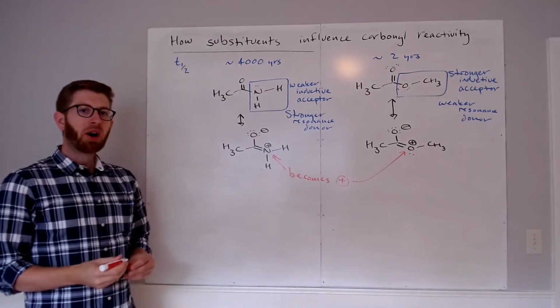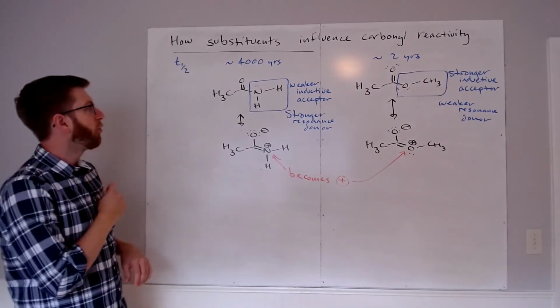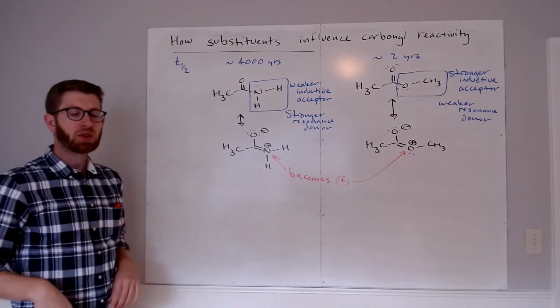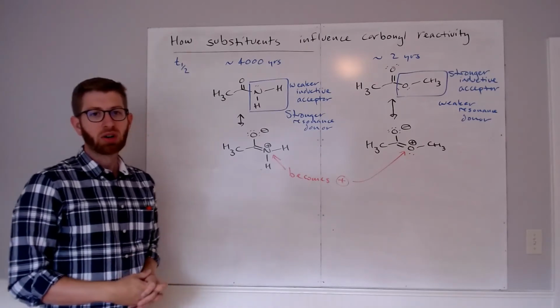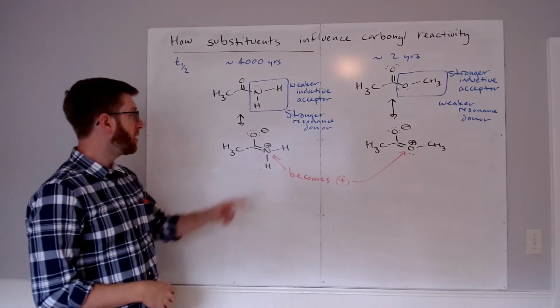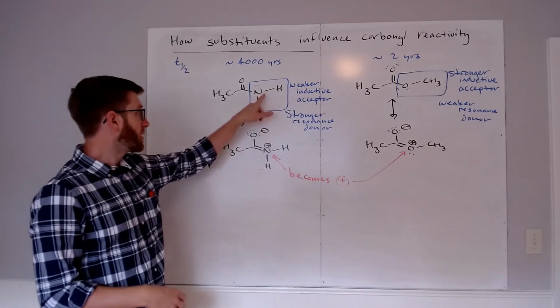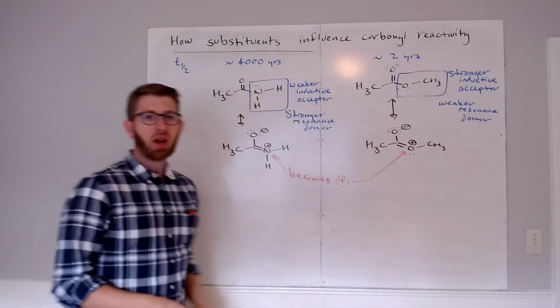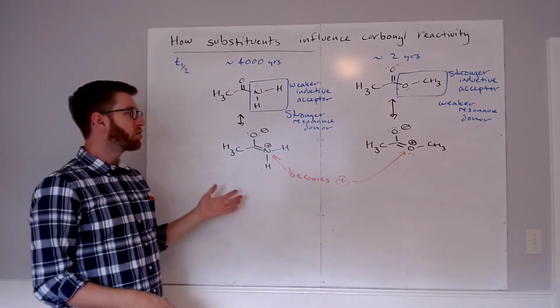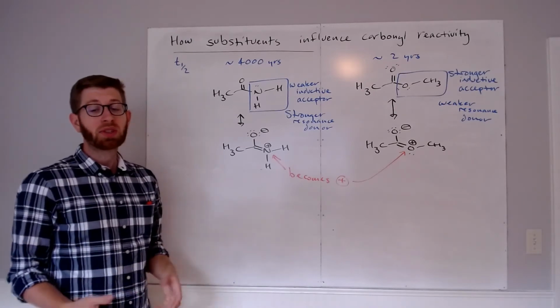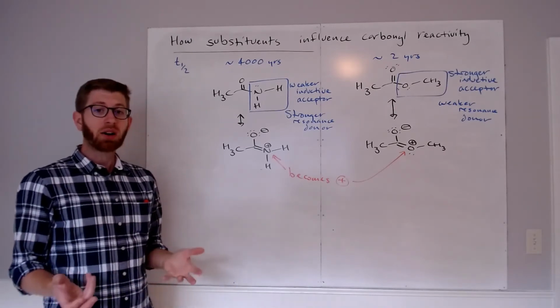So when we think about resonance hybrids for these carbonyl structures, there's going to be some positive charge that actually builds up on the substituent atom, in this case nitrogen versus oxygen. Which of those two elements, nitrogen or oxygen, is better able to handle positive charge?